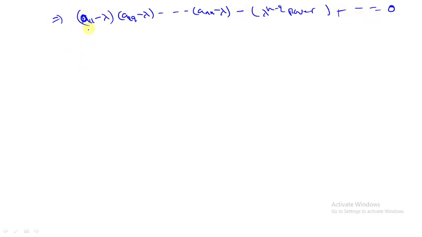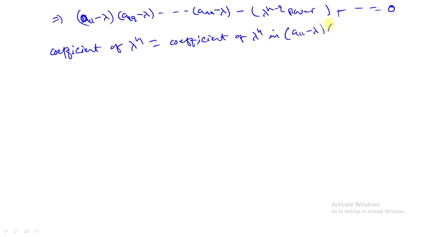Now in this one, what is the lambda power n coefficient? The coefficient of lambda power n, we are getting only in this term, the coefficient of lambda power n in (a11 minus lambda)(a22 minus lambda) and so on (ann minus lambda).